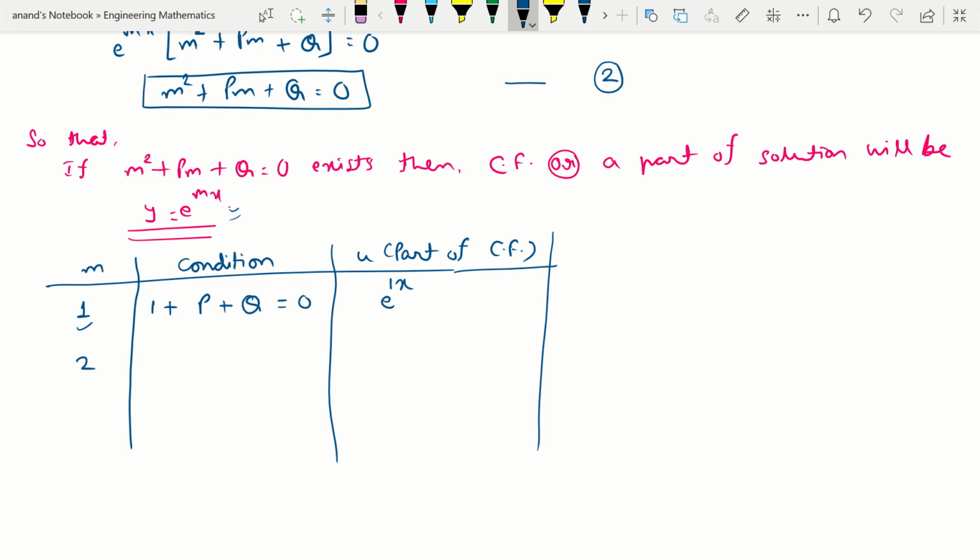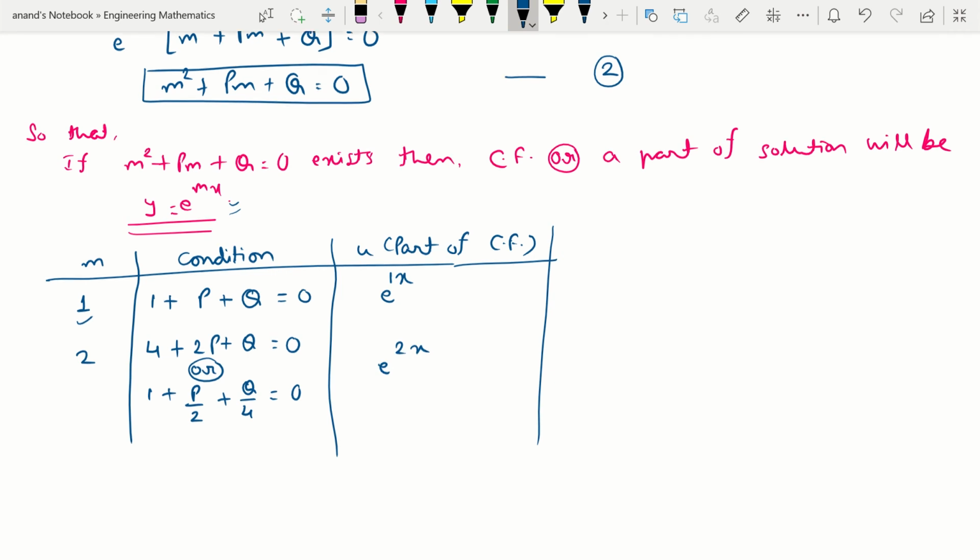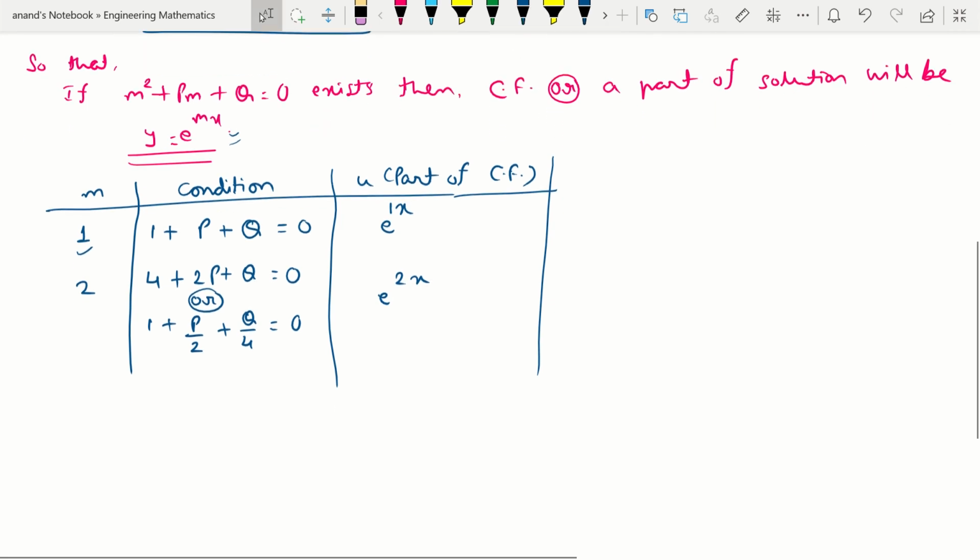And when the value of m is 2, then we get from the second equation, or the condition, 4 plus 2p plus q equals 0. Or if we divide this equation by 4, we get 1 plus p by 2 plus q by 4 equals 0. In this case, we have the complementary function as e to the power 2x.